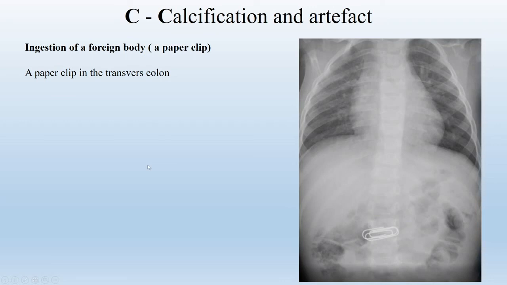Foreign body. In this situation, it's a paperclip. So while children do more often ingest foreign bodies, there are adults that also do it. So don't be surprised if you see like 2-3 forks, screws. That can happen.